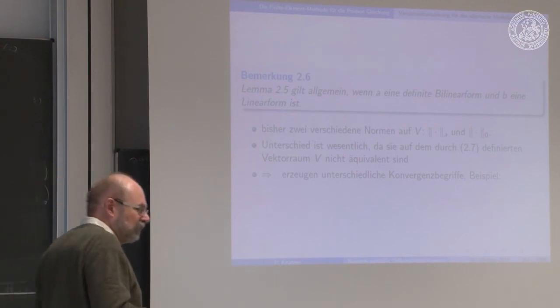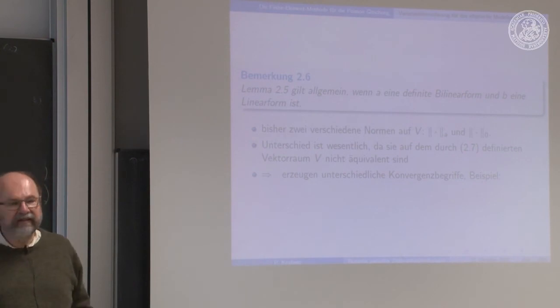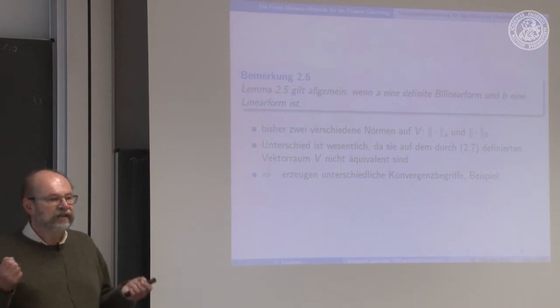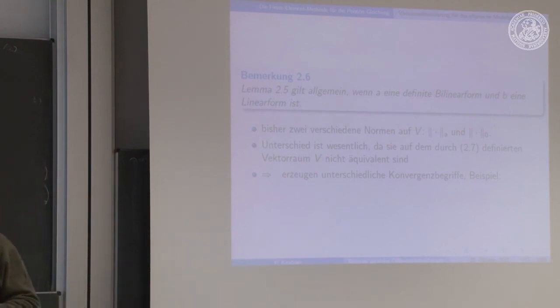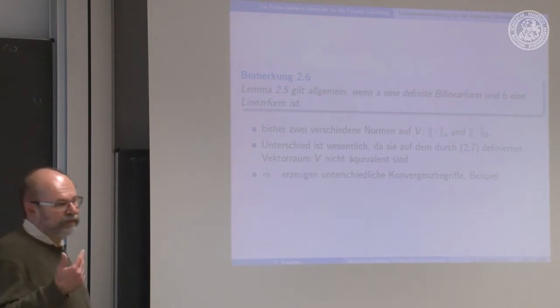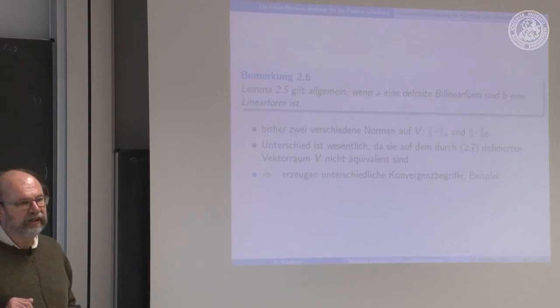Equivalence would mean that if I have convergence in the one norm, I have convergence in the other, and vice versa. So changing the norm would only mean changing the number in weighting the difference, but would not change anything related to convergence, Cauchy sequences, openness, closedness of a set, whatsoever; everything related to topology.